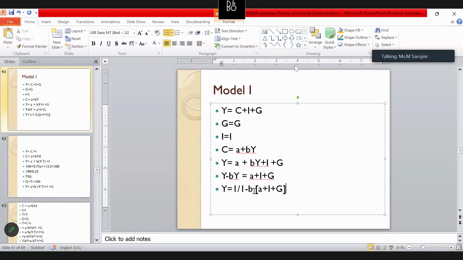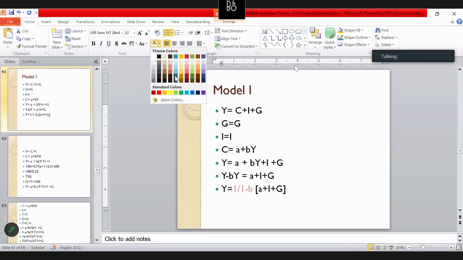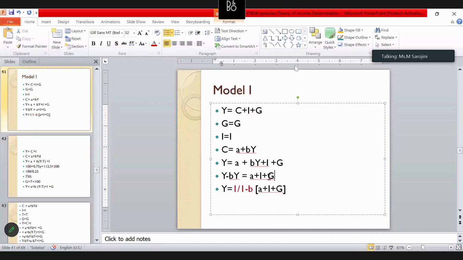Again, this portion indicates the investment multiplier.